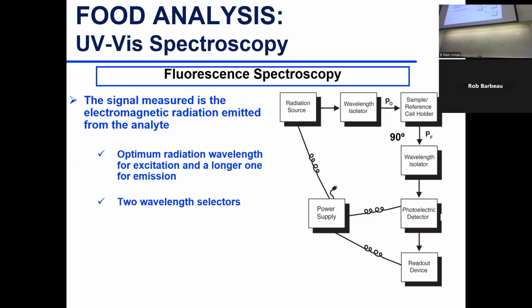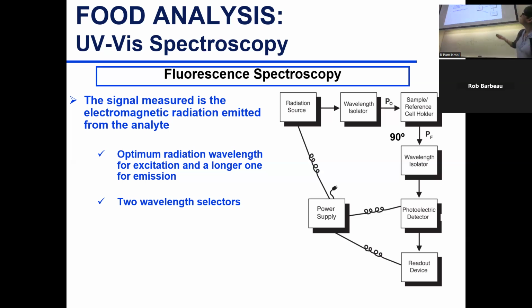You don't want that. You want a particular compound. So you select from that emitted light the wavelength that has the highest fluorescence for your compound of interest.